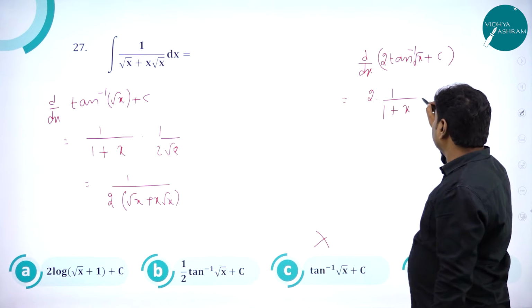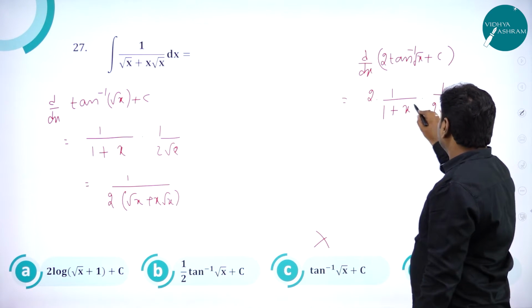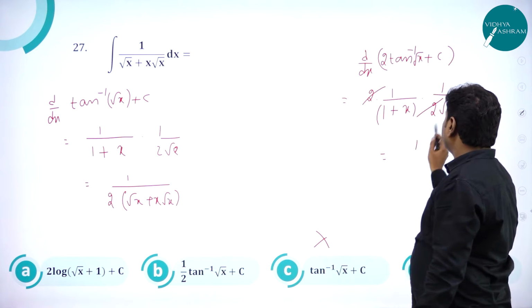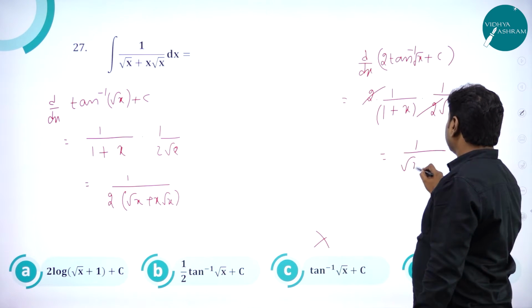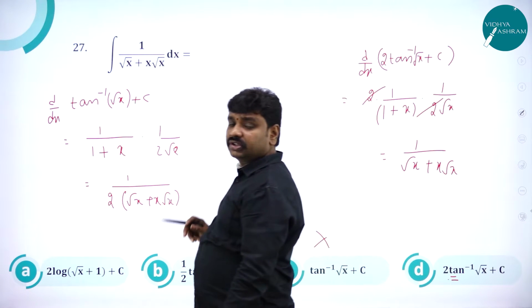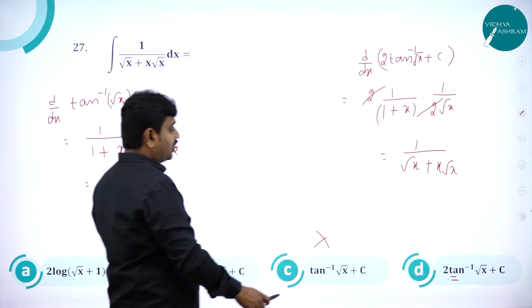Root x the whole square is x, into derivative of root x, which is 1 by 2 root x. I can cancel 2 and 2. Now multiply, 1 ones are 1, x into root x is root x plus x root x. I got the question. So when I differentiate the answer, I am getting the question directly. I can select option D.